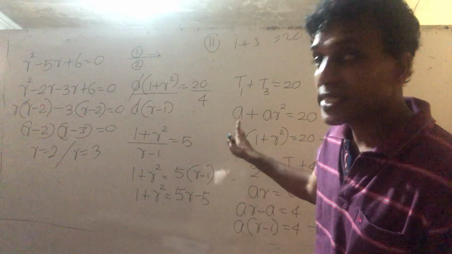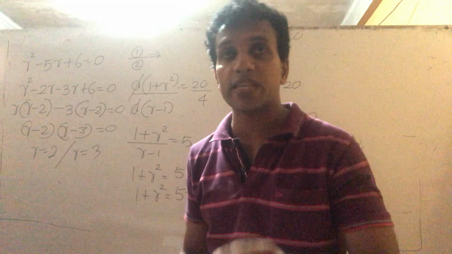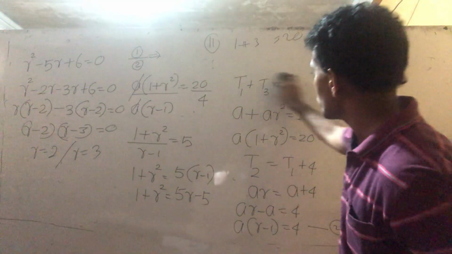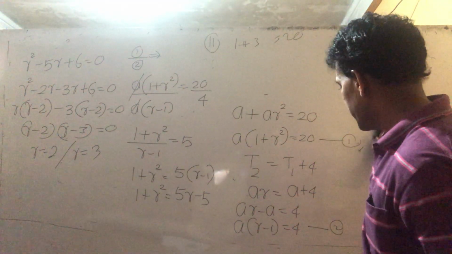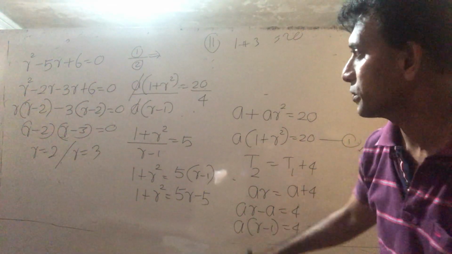Now we find the first term. For every r, find its corresponding first term. For that I take the first, the second is also easy. Second equation, can I take that one?